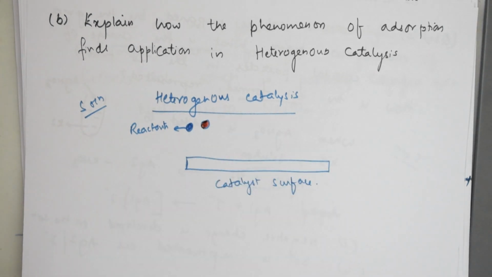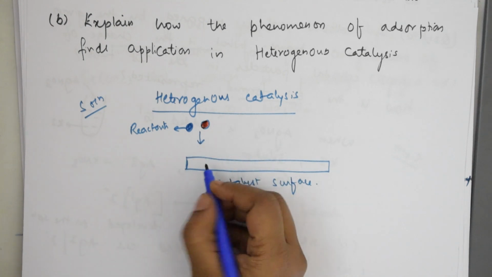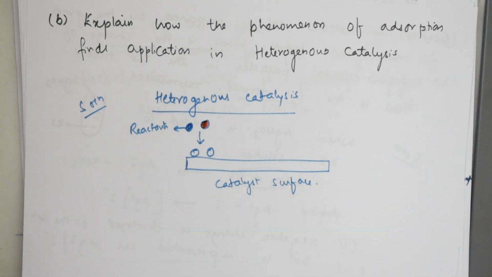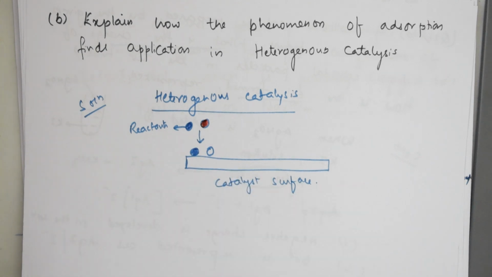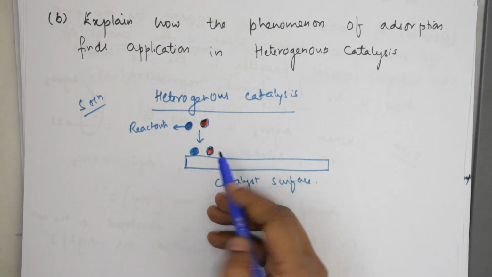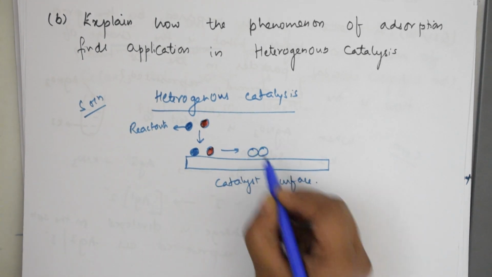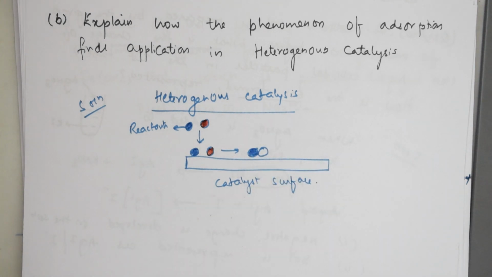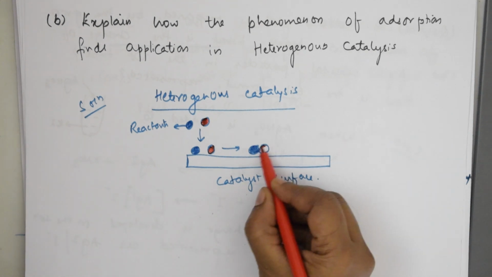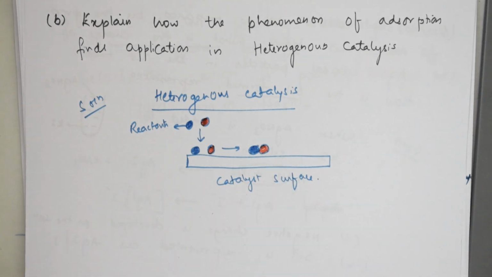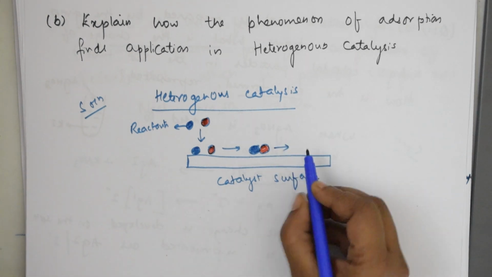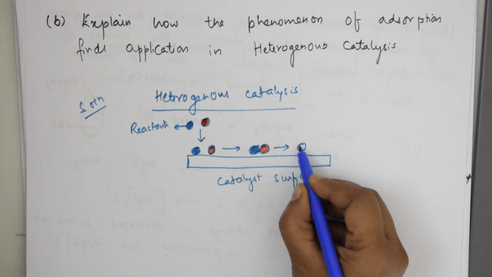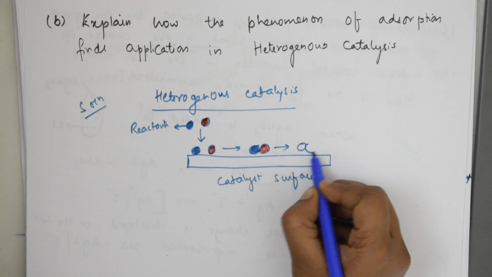These two come and adhere on the surface of the catalyst. This is one color, this is one more color. Together they combine and form an intermediate. Further, these two combine together, meaning they adsorb perfectly here.